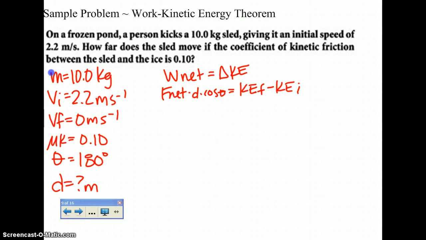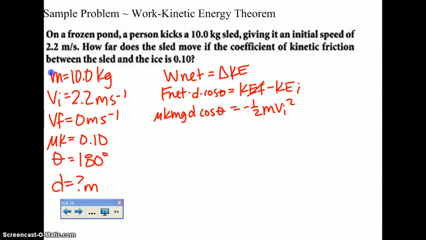Well, you don't know what F net is, but you know based on this picture that you're talking about a frictional force. So your frictional force is going to break down into mu k m g, d cosine theta. Your KEf cancels out because your vf is equal to 0. So you just have a negative 1/2 m vi squared.